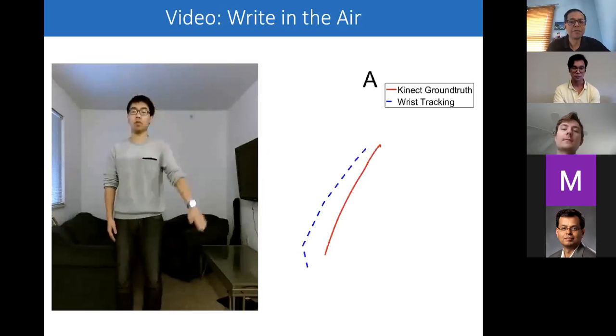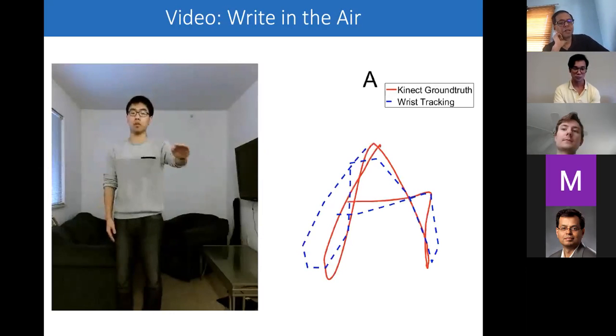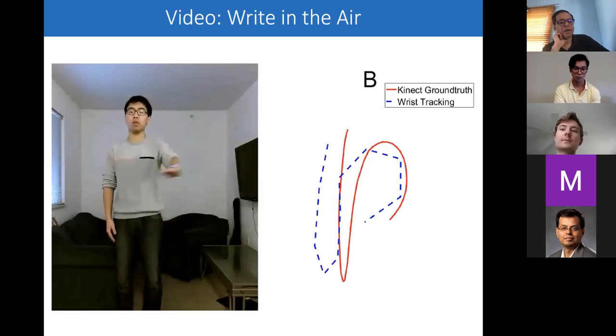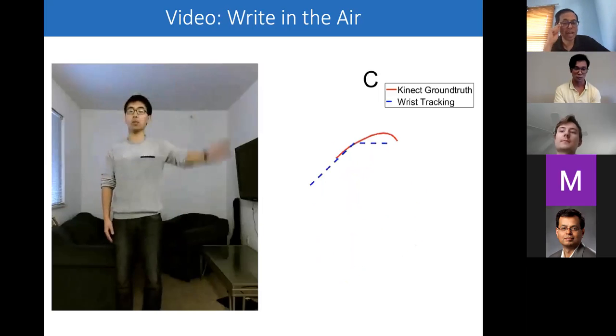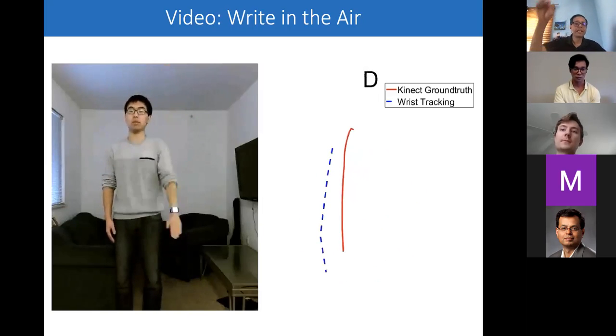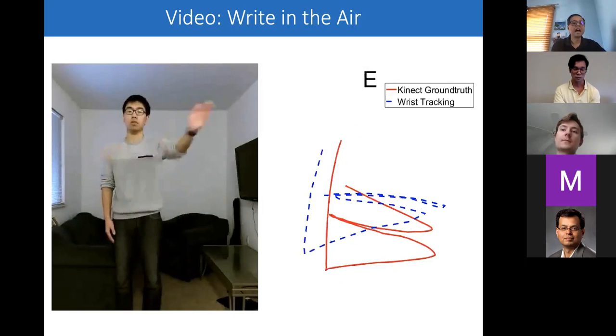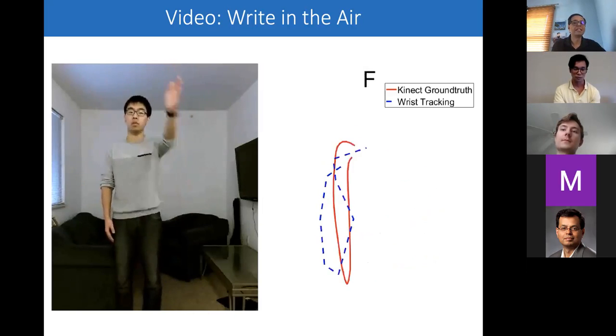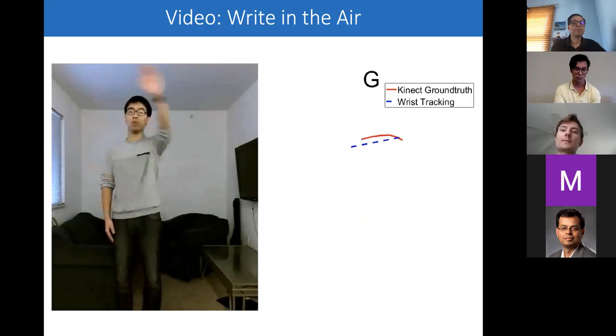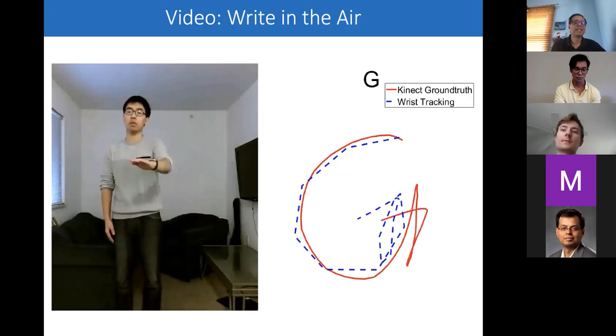Here is a video of my student Sheng doing this, where he's writing ABCD in the air and his IMU is tracking his hand, whereas the red line is from a Kinect. The Kinect shines laser signals and gets the reflection.